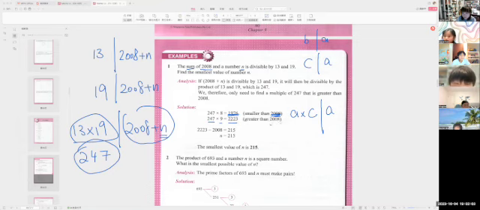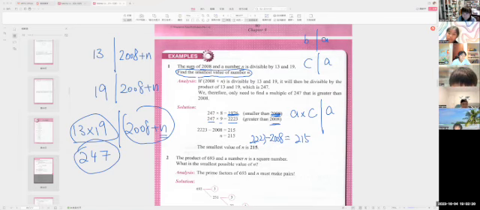So it's greater than 2008. Okay, so 2223 minus 2008 equals 215. So the smallest value of the number n is 215.